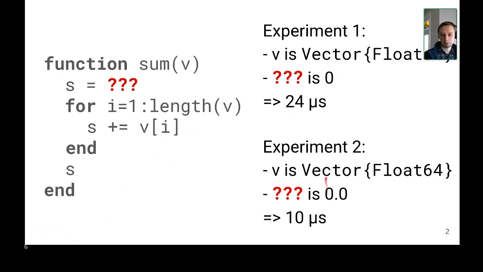In the second experiment, it's the same vector, but the question marks are the floating point 0 now, and it runs more than twice as fast. So there seems to be something going on with optimization, or rather something going wrong when you have this mixture of types, floats and ints.